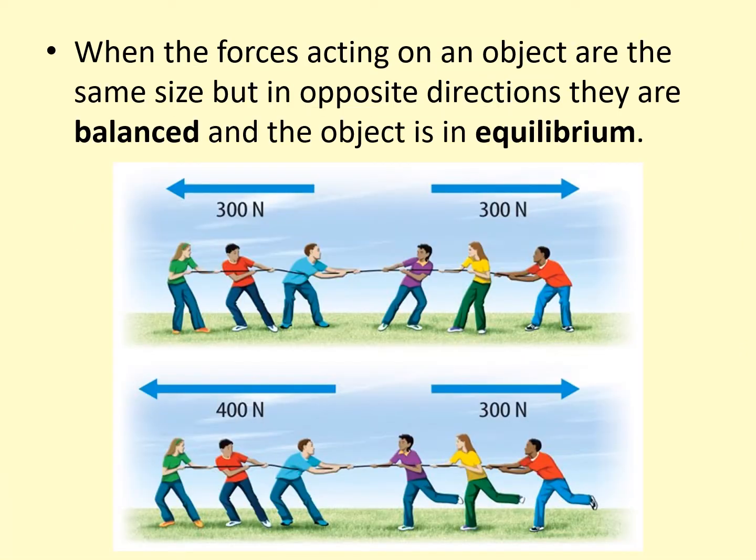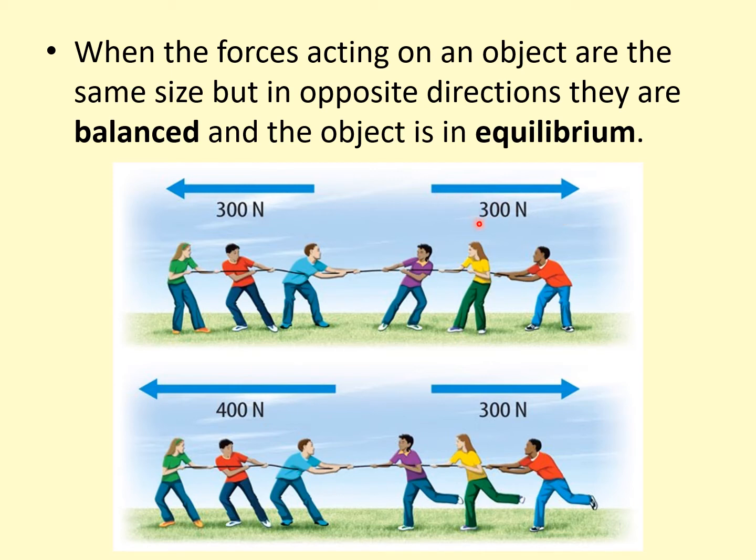When the forces acting on an object are the same size but in opposite directions, they are balanced and the object is in equilibrium. The example that I've got here is a tug of war. If you look at this top part of the diagram, this team is pulling to the left with a force of 300 newtons, and this team is pulling to the right with a force of 300 newtons.